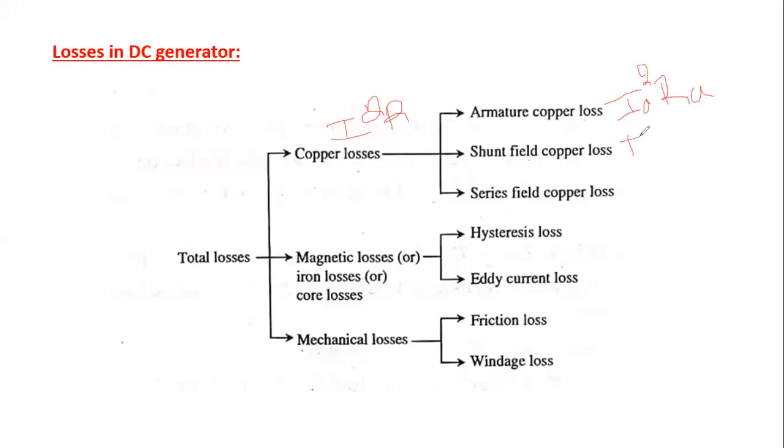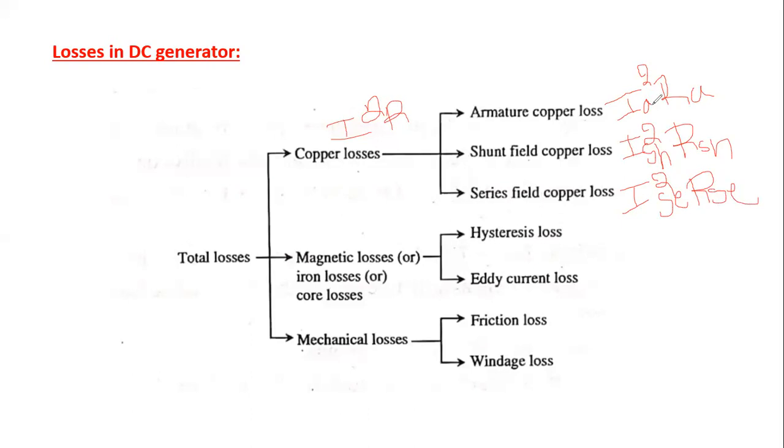Shunt field copper losses means ISH square into RSH. Series field copper losses means ISC square into RSC.